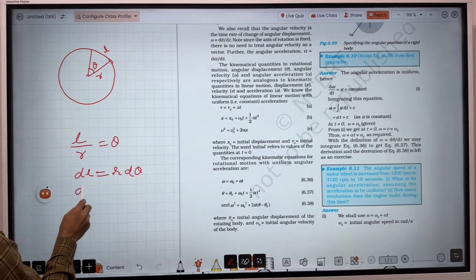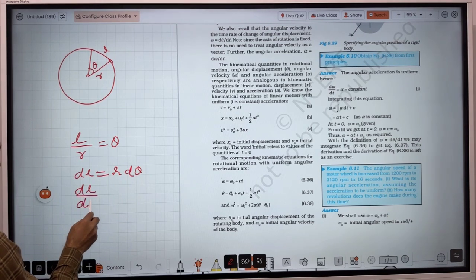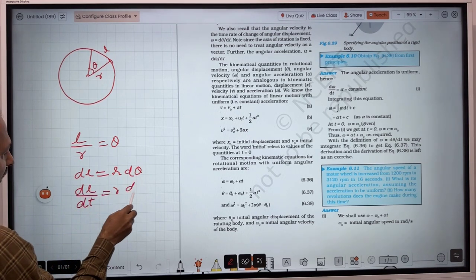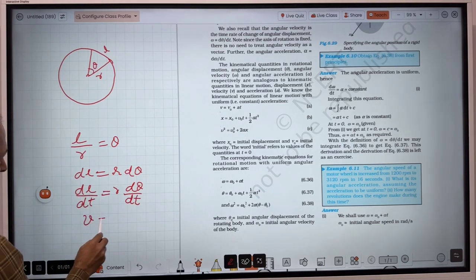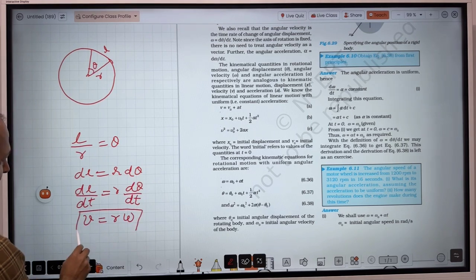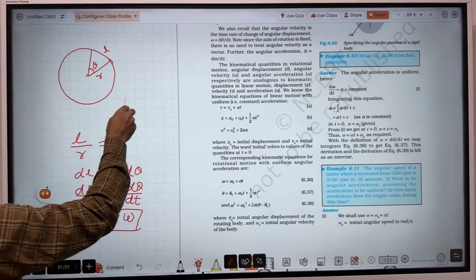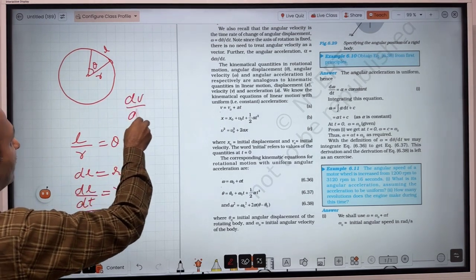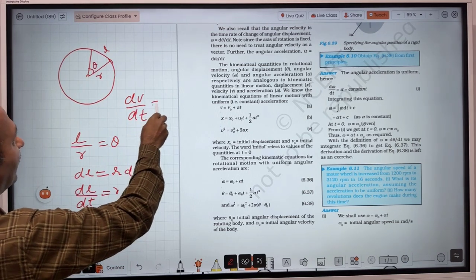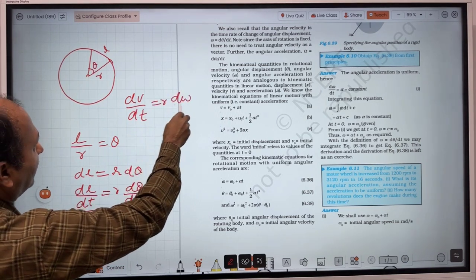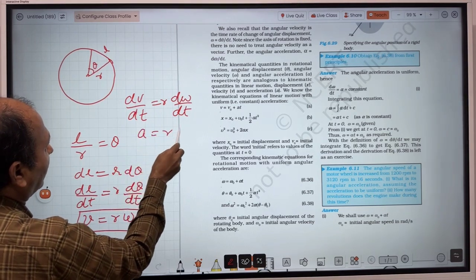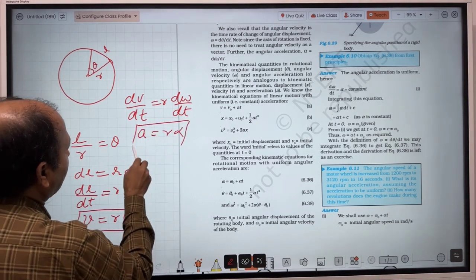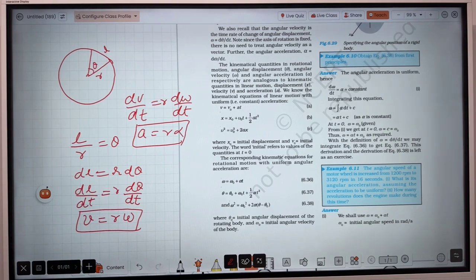Then we differentiate it, dl by dt is equal to r d theta by dt, and dl by dt is velocity, r omega. Further if we differentiate it, dv upon dt gives r d omega by dt, and then it becomes a equal to r alpha. So these were the basic relations that we have already studied.